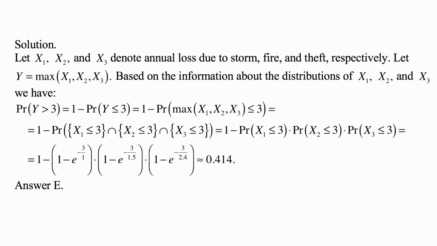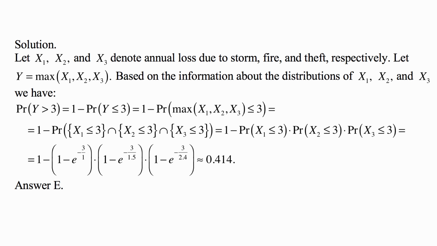But these are 3 independent random variables, so the probability of the intersection of all 3 of them is the product of probabilities. So this is equal to 1 minus the probability of X1 being less than or equal to 3 times the probability that X2 is less than or equal to 3 times the probability that X3 is less than or equal to 3. So these 3 probabilities are multiplied out, and then you take 1 minus them.